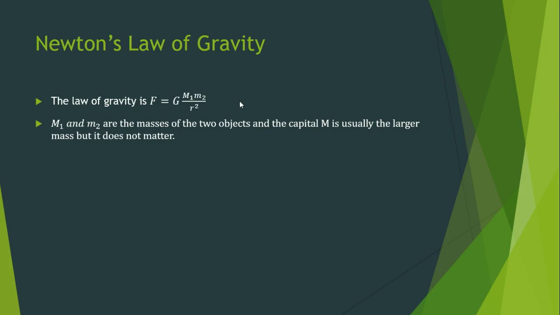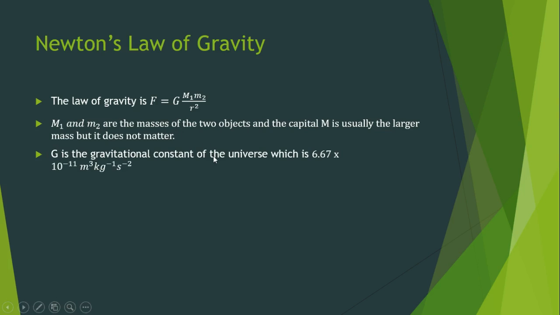And so, in this formula, m1 and m2 just represent the masses, and m1 is usually the larger mass, or the mass of the planet, and m2 is the mass of the smaller object on the planet. And then, as I said, r is the distance between, and big G is the gravitational constant of the universe, which is 6.67 times 10 to the negative 11th, and the units are meter cubed per kilogram per second squared.